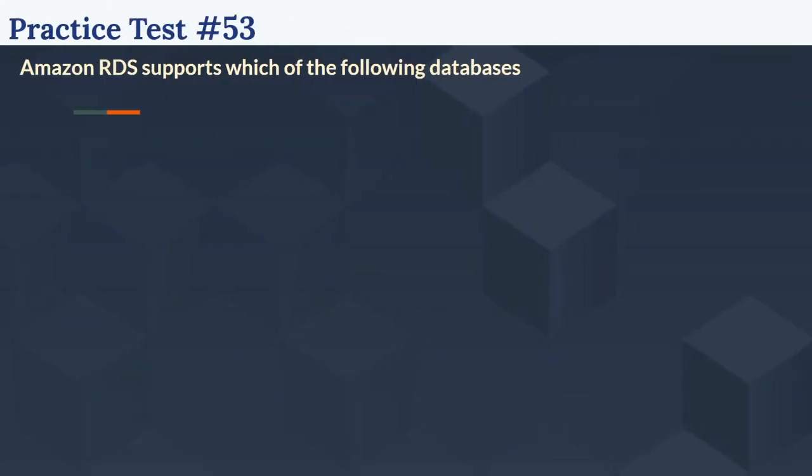So the 53rd question is: Amazon RDS supports which of the following databases? So the options are: Option A, MariaDB. Option B, MySQL. Option C, DB2. Option D, Sybase. Please select your answer in the next 5 seconds. 5, 4, 3, 2, 1.